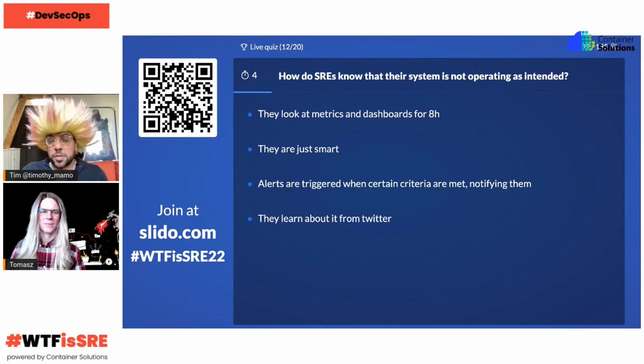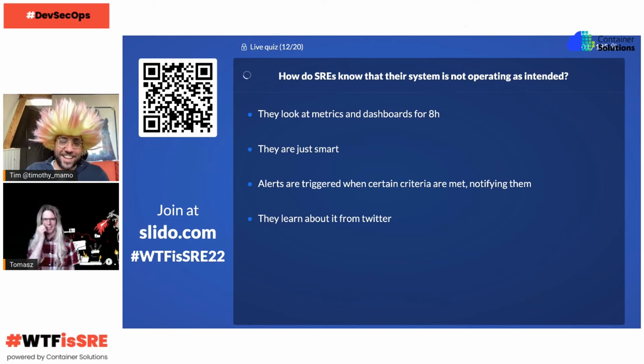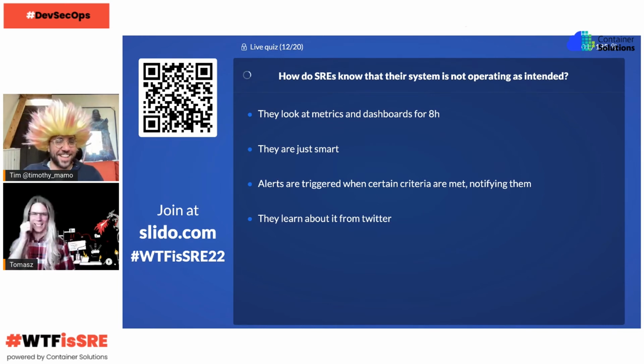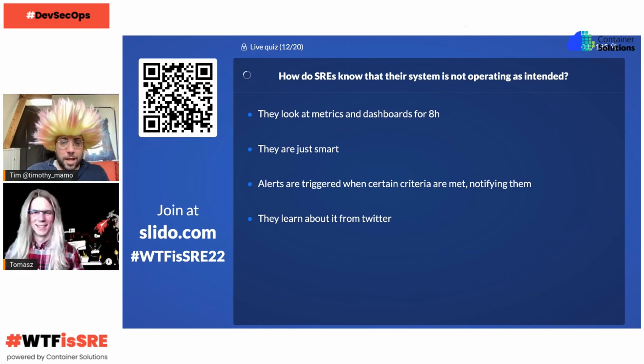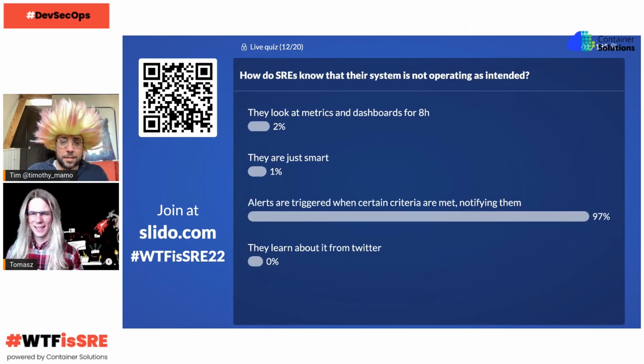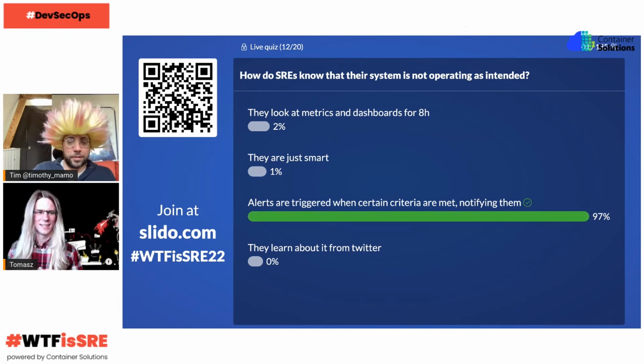And I'm assuming if Jennifer Riggins is there, she'd probably be tweeting fairly fast as well. Learning from Twitter, yeah, it's sometimes just like that. And there you go. Pretty much everybody agrees alerts are triggered when certain criteria are met. Good.